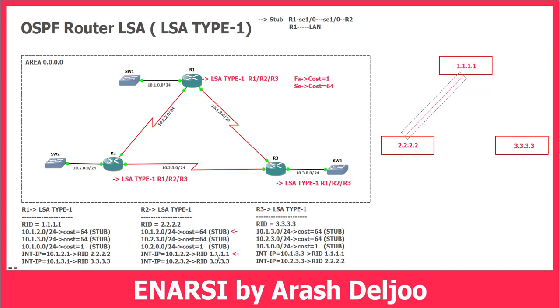With 10.1.20.2 I am connected to router 1, RID quad 1, and the range of this link is 10.1.20.0/24. Why? Because 10.1.20.2 is one of the IP addresses residing in this network. Actually, we have this information about this interface, or let me say the range of this link is 10.1.20.0/24.